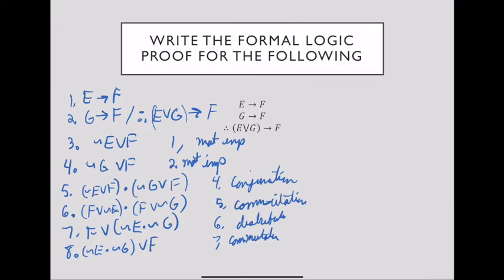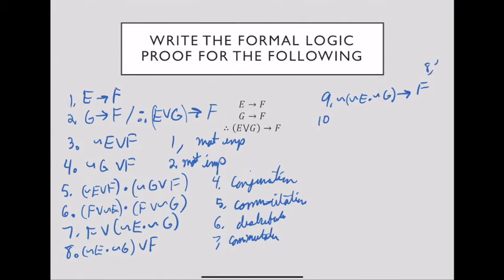Okay, we're getting pretty close. Now on row 8, I need to use material implication. Okay, and that's going to give me not E and not G implies F. Lastly, I need to use De Morgan's to distribute this negation in.